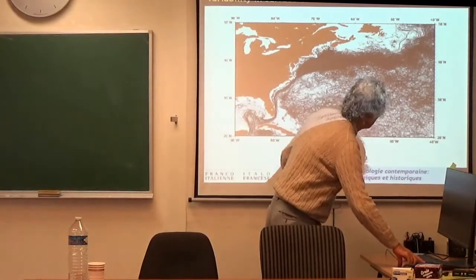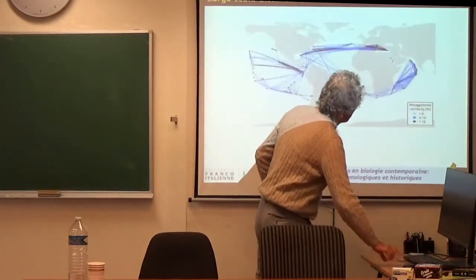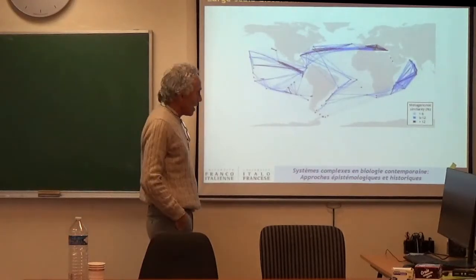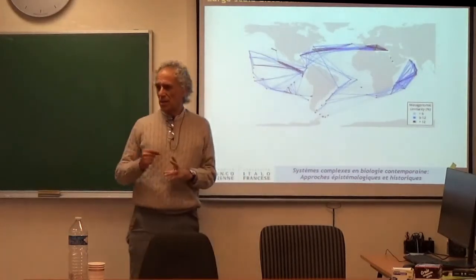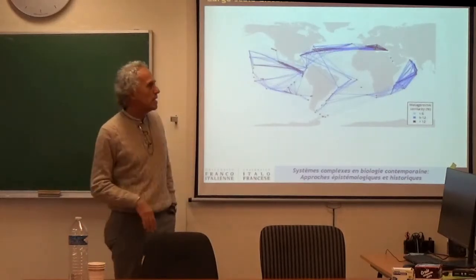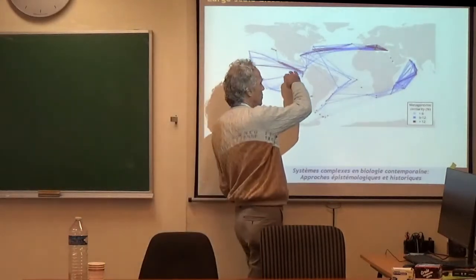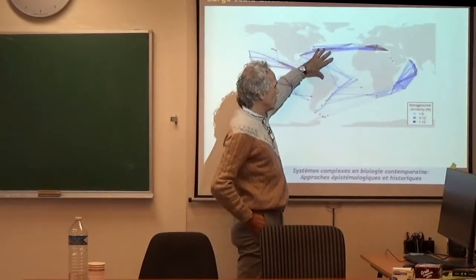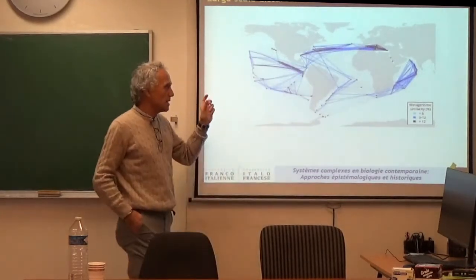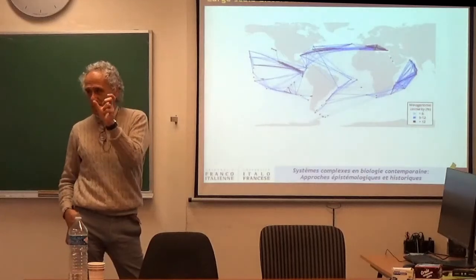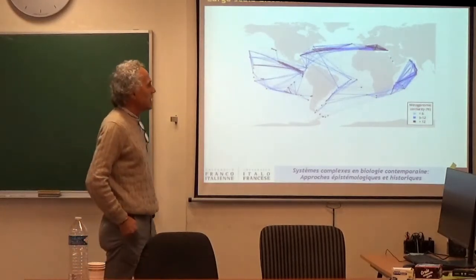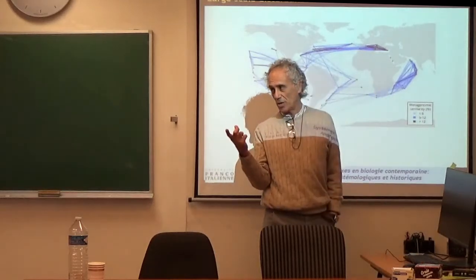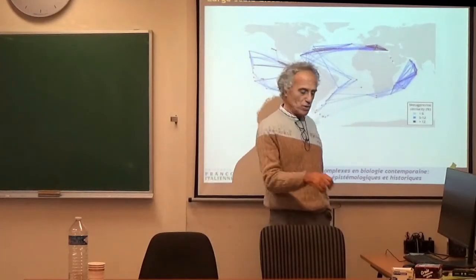So having this picture in mind, we took the Tara data and with the Lagrangian model, tracking the particles, we computed the most relevant tracks. We just took the minimum time to go from one station to the other, and we tried to see the ratio between the minimum travel time and the composition of the community.